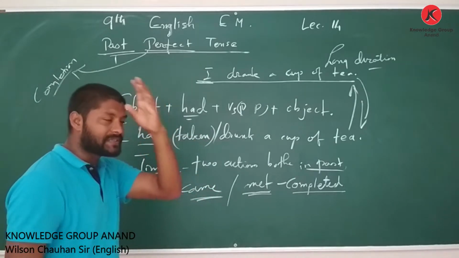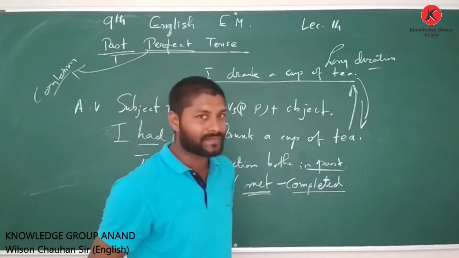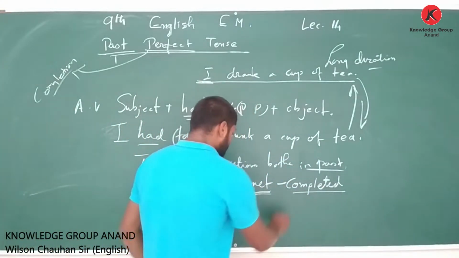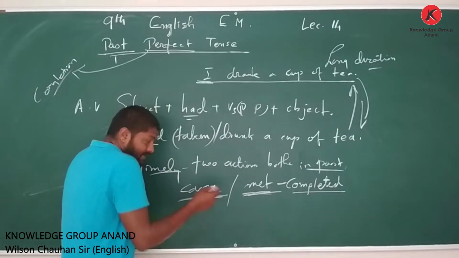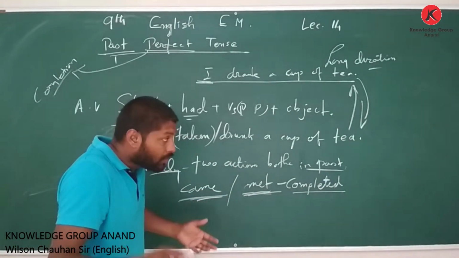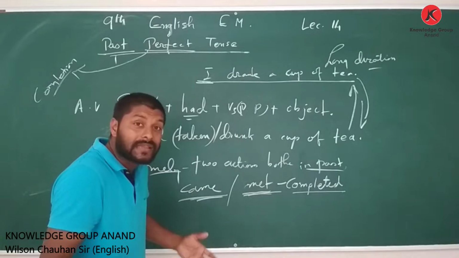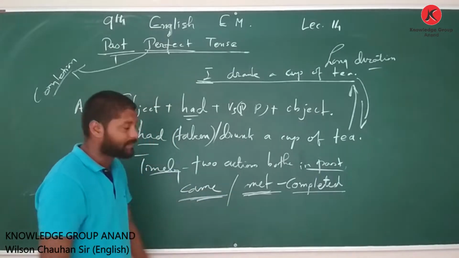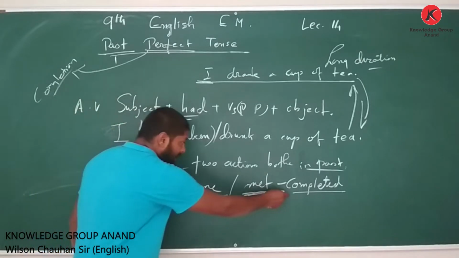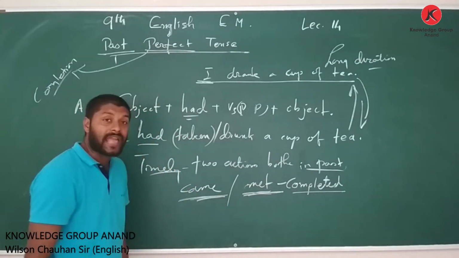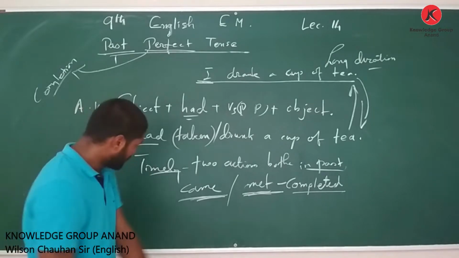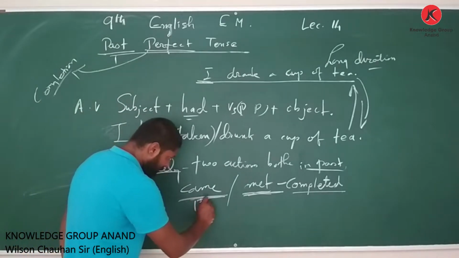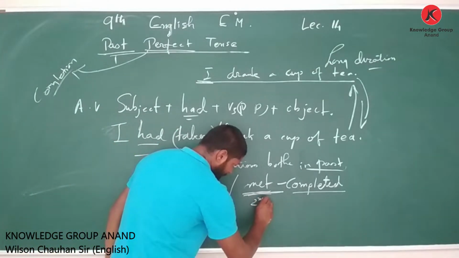Now what is the purpose? Why am I saying this to you? Purpose is, as I said, both the actions can be mentioned in simple past tense. But if you take up which of the actions came first, then your coming is first and meeting is second.